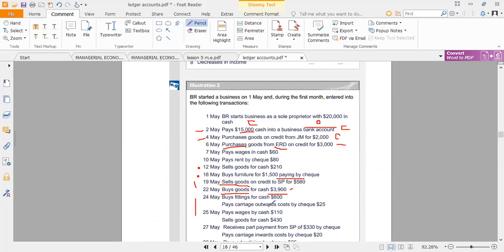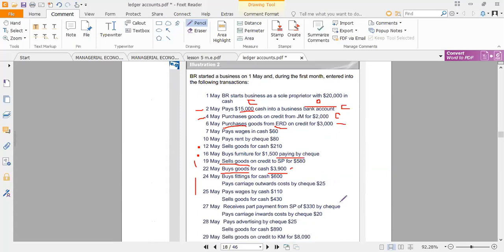Pay carriage outwards cost by cheque, 25. Actually, it starts by buying fittings for cash, which is 6,600. So buying the fittings, there are two accounts: cash, and the fittings.